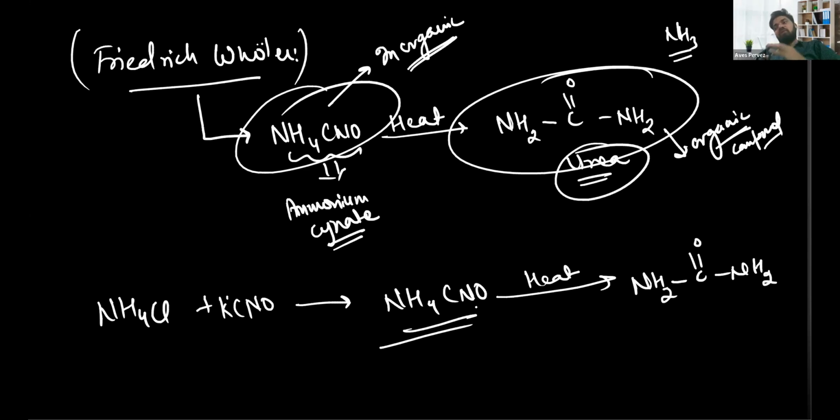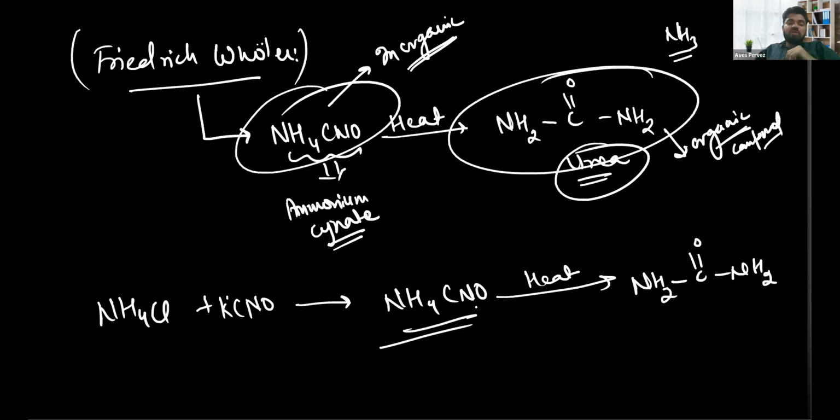Later glucose, carbohydrates, proteins, and many amino acids were prepared artificially in the lab from inorganic substances like carbon dioxide, water, and methane gas.